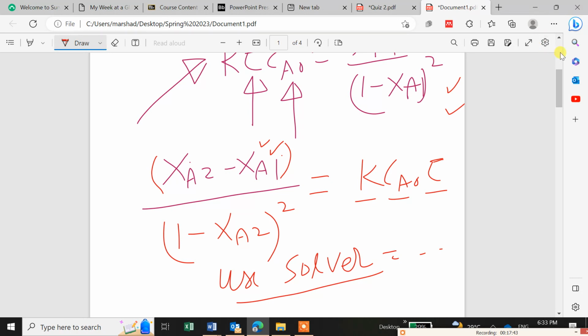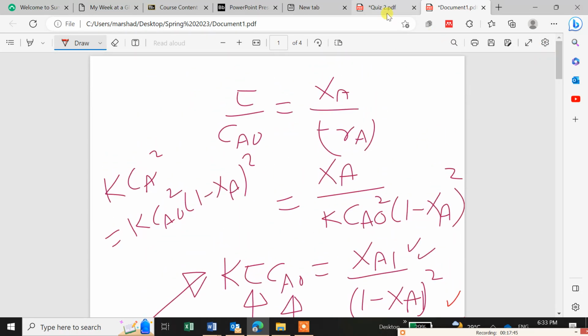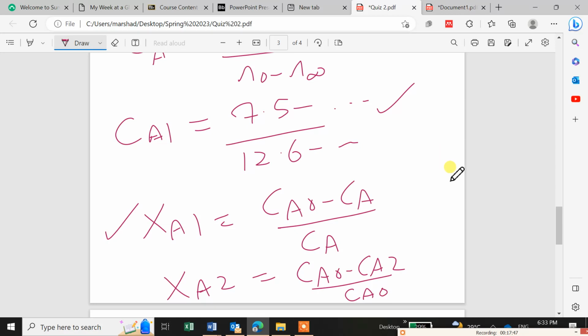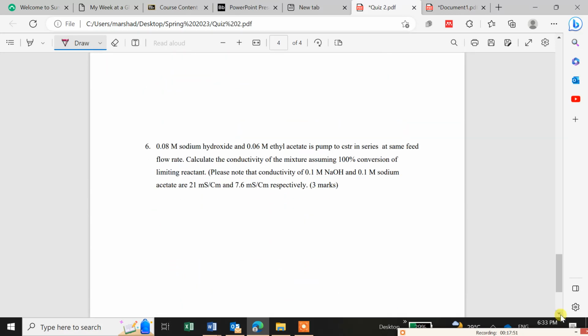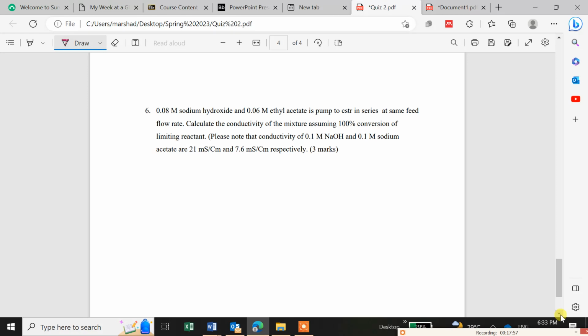Now I solved the full question on this one, and we had one more question which I can see in the quiz. 0.08 sodium hydroxide and 0.06 ethyl acetate is pumped to CSTRs in series at the same feed flow rate.